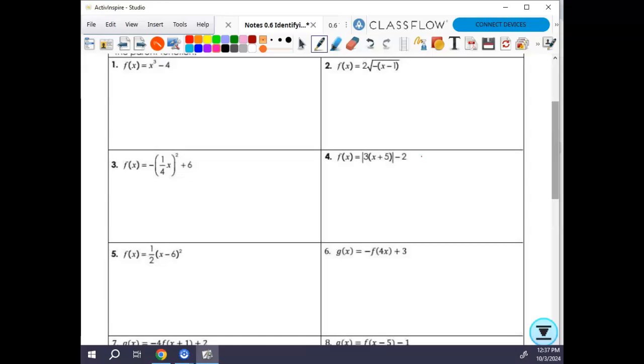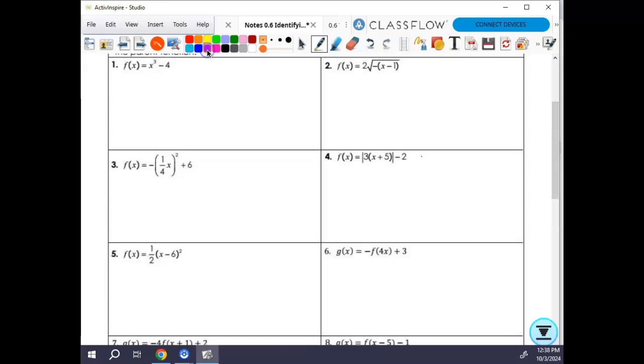So that means the 3 and the 5 affect X. Then I take the absolute value. After I take the absolute value, anything that happens affects the Y value. Does that make sense to you? That's what I mean by affecting X or affecting Y. And if you never truly understand that, then this stuff can be confusing. Once you really get the hang of how you know what's what, this is a piece of cake. Okay, so ask questions if you need to.